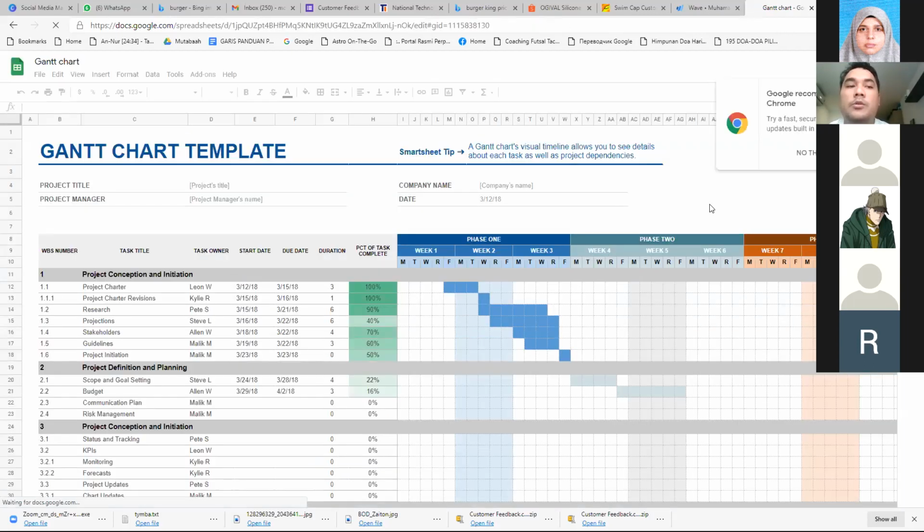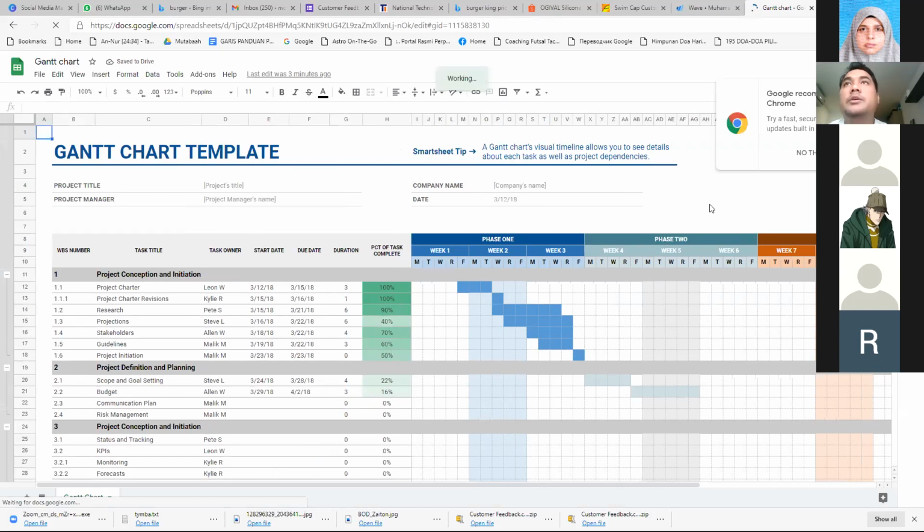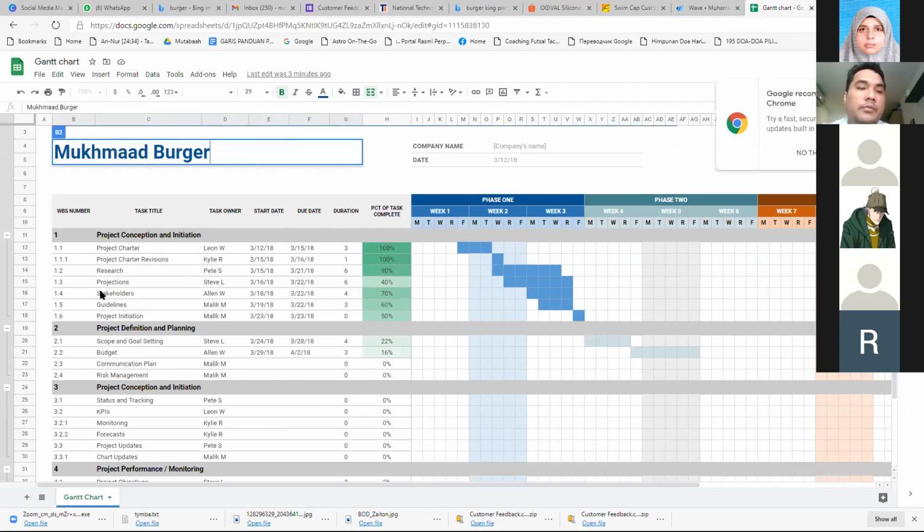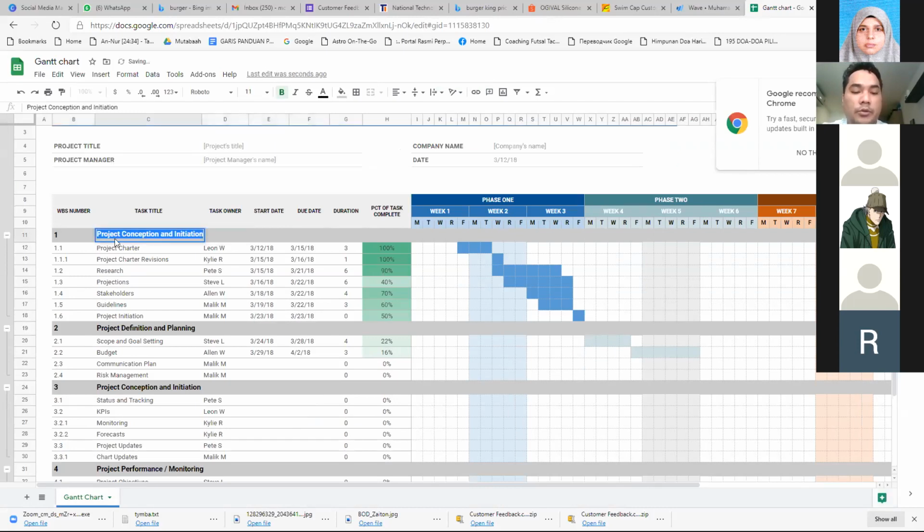So what is meant by a Gantt chart? For example, when you start a business for 3 months, what is your plan? Say this is Muhammad's business, selling burgers, Muhammad burger. This is the Gantt chart. For example, the first task is to set up a booth.